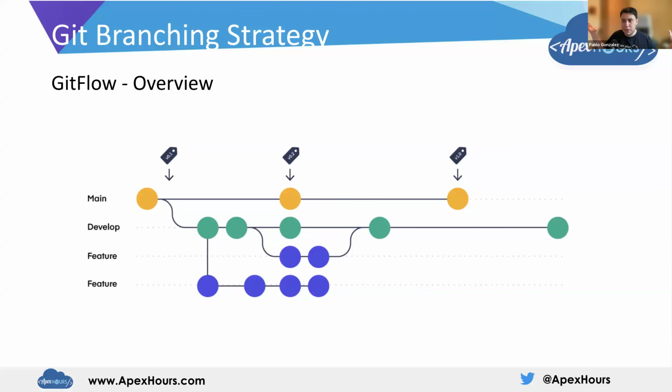So typically a sprint. So what you do is you create a develop or development branch out of main at the beginning of that sprint, and then you create feature branches out of development. See, I said earlier, feature branches don't have to come out of main. They can come out of anywhere you want. But in this strategy, it's been decided for you that they are branched out from develop.